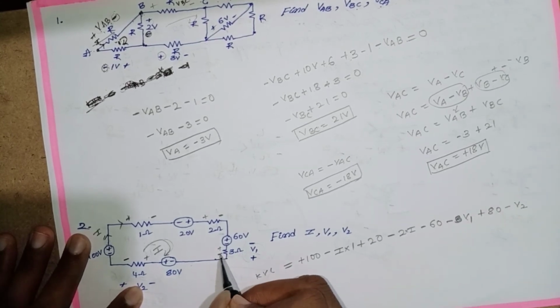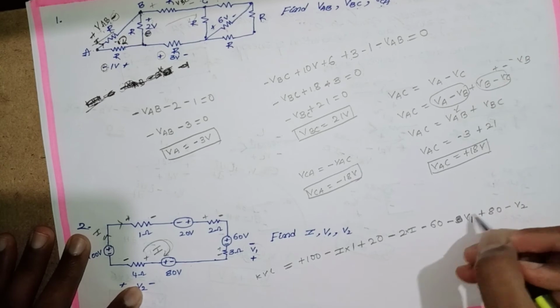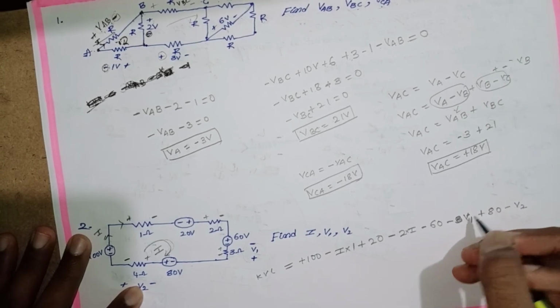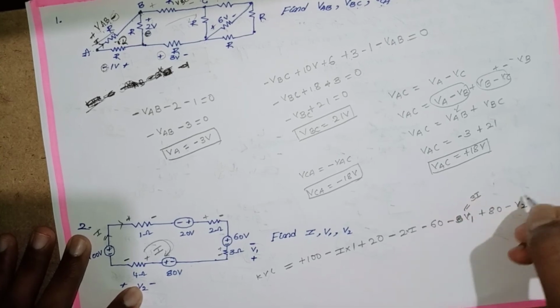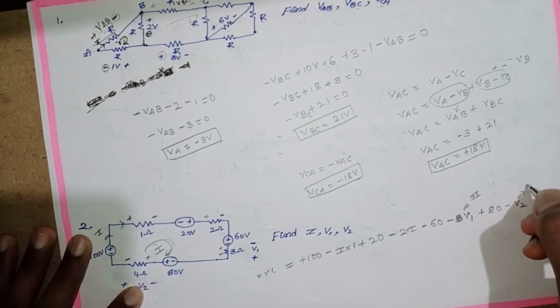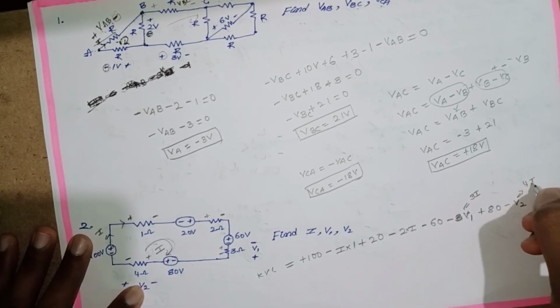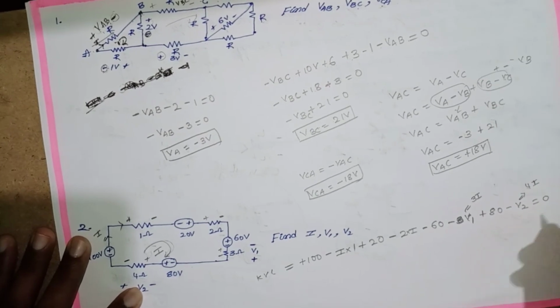I will consider V1. V1 is equal to 3 into I. Then V2 is 4 into I, equal to 0.